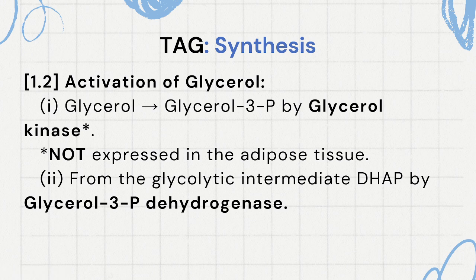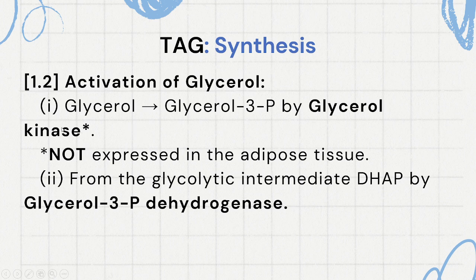The second way of activating glycerol is from the glycolytic intermediate dihydroxyacetone phosphate by glycerol 3-phosphate dehydrogenase, and this is the alternative or the solution for the adipose tissue.